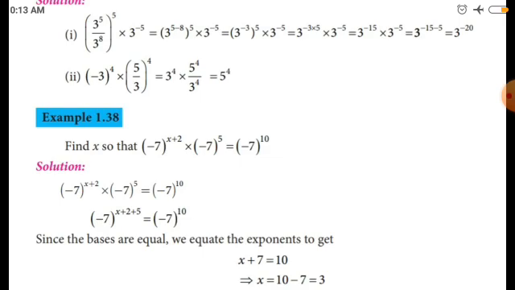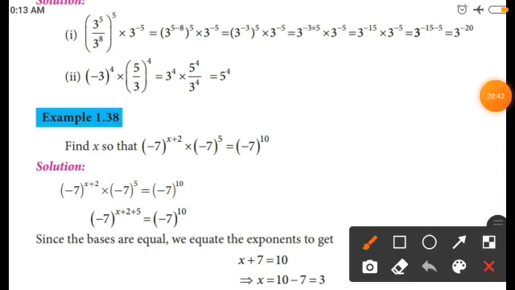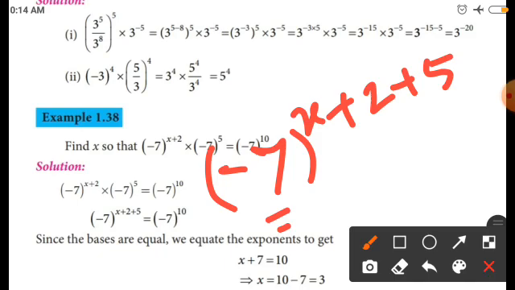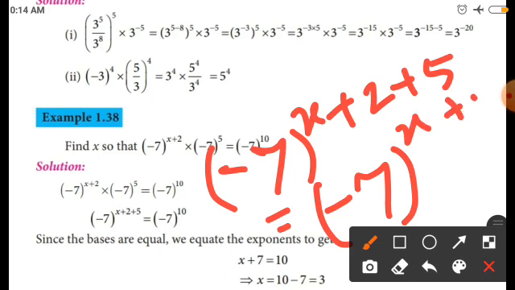On the left-hand side, the bases are equal, so the powers add: minus 7 to the power x plus 2 plus 5, which is minus 7 to the power x plus 7, equal to minus 7 to the power 10.